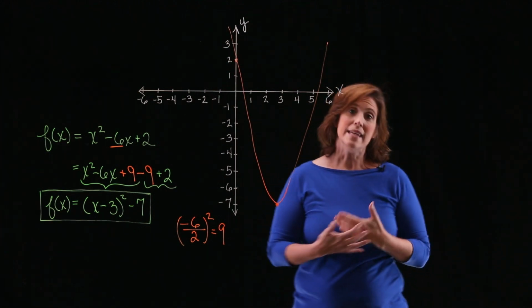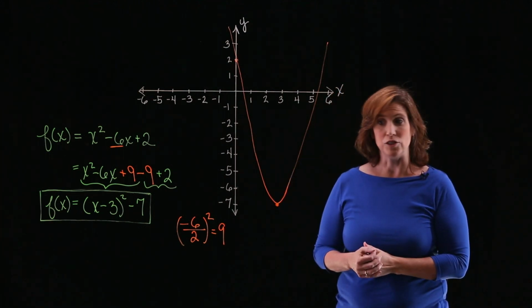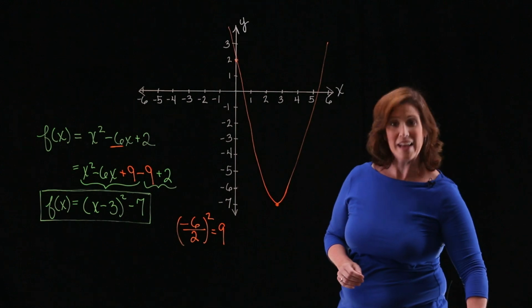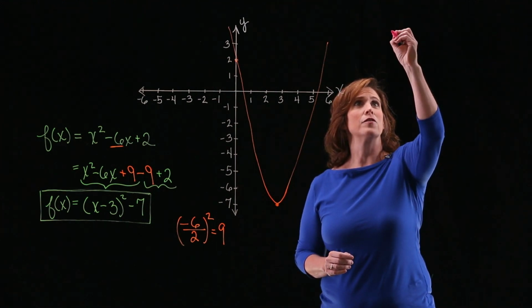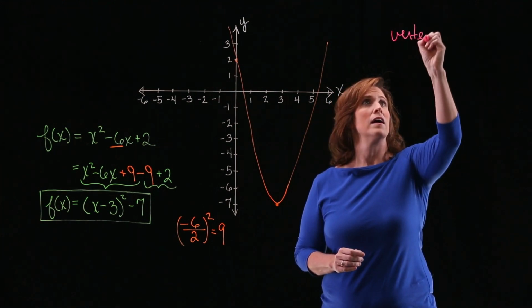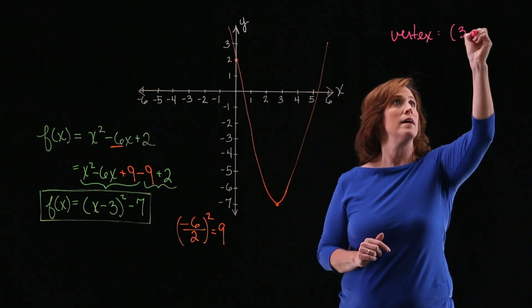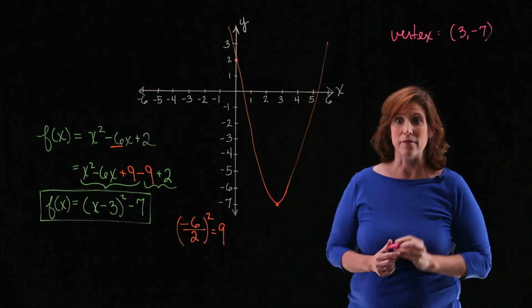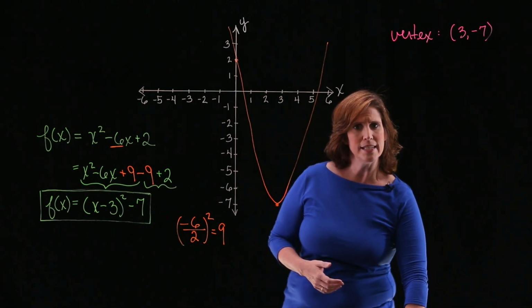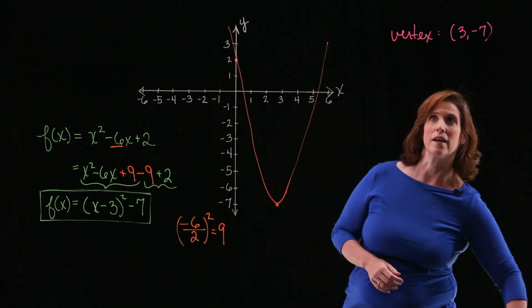Okay, the next thing I want to look at are some of the key features. One of them I've already talked about, and that's the vertex. So let me mark down the vertex again. The vertex for this particular problem is going to be the point 3, -7. Another thing that's interesting to get is something called the axis of symmetry.